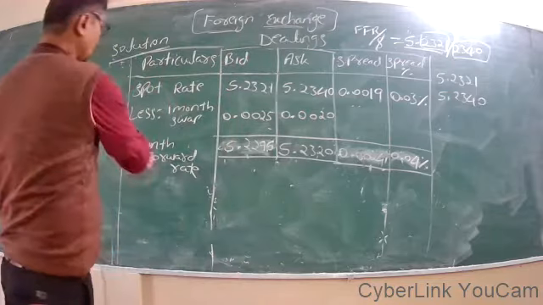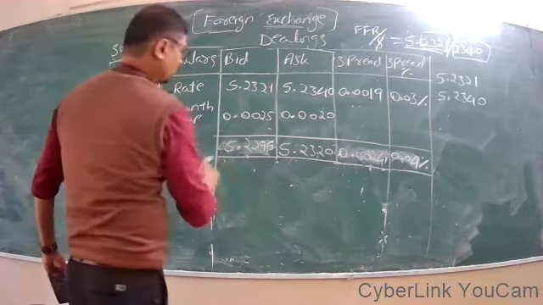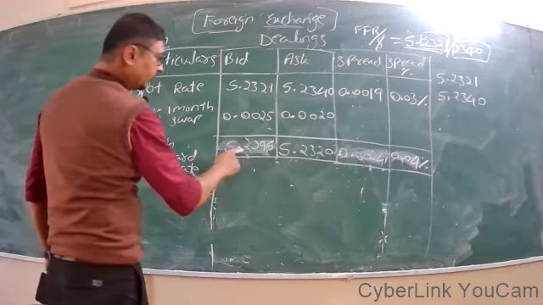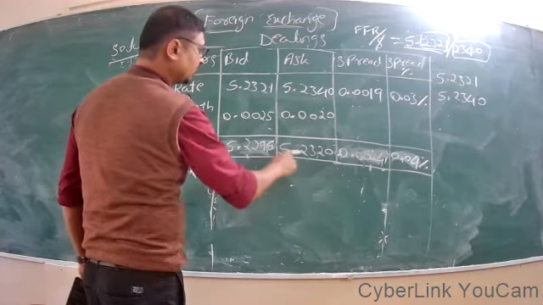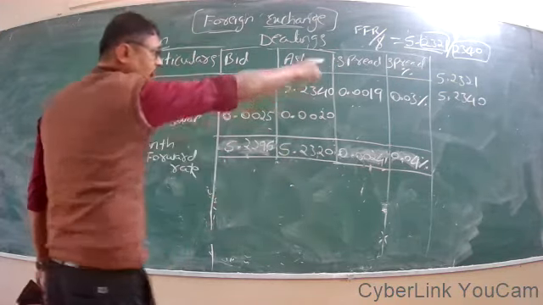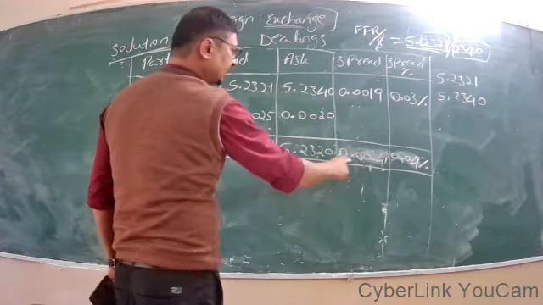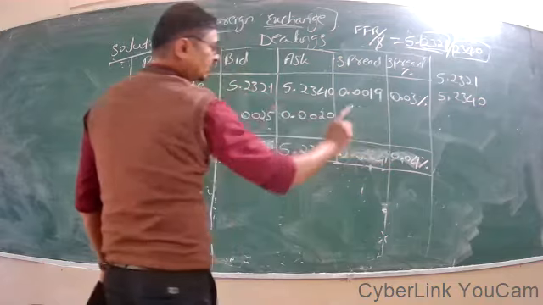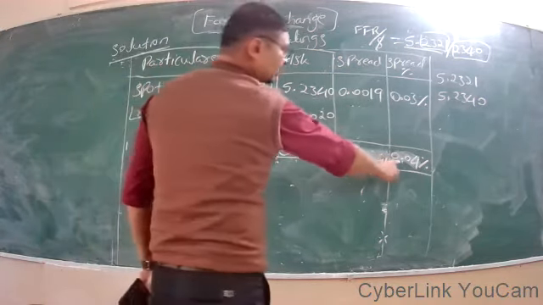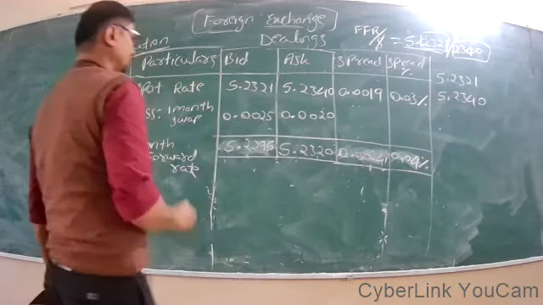So this is the 1 month forward rate. The 1 month forward rate bid is 5.2296 and ask price after 1 month is 5.2320. So spread is ask minus bid, that is 0.0024. Spread percentage, that is ask minus bid divided by ask into 100, is 0.04%.